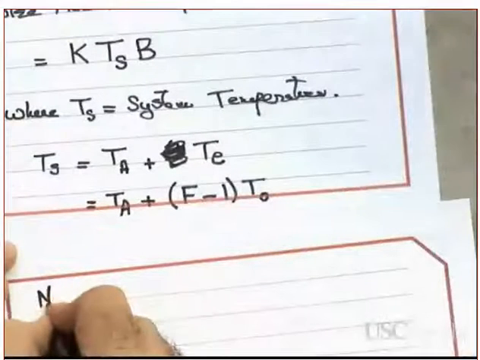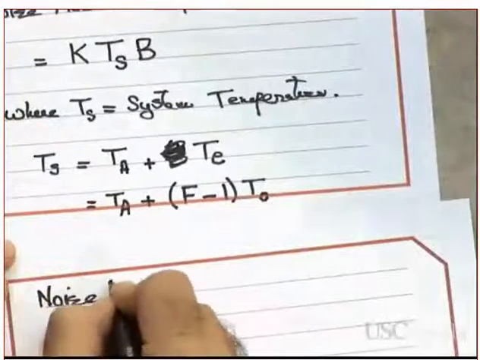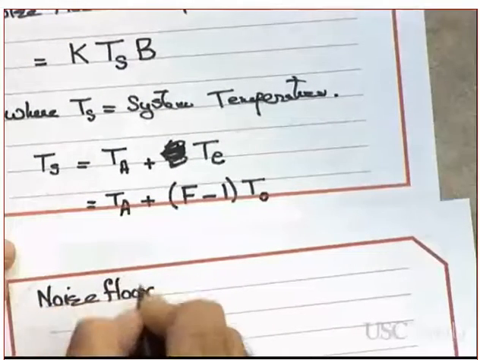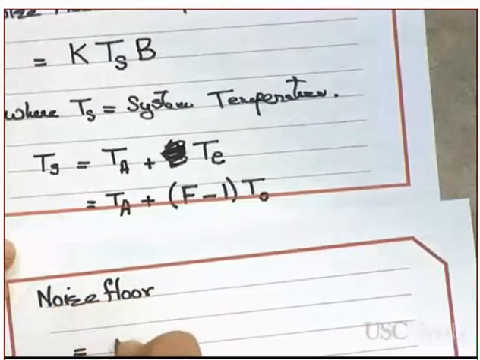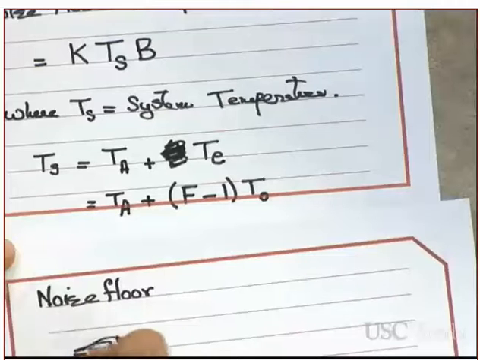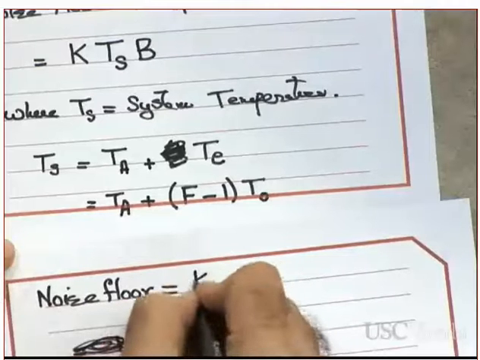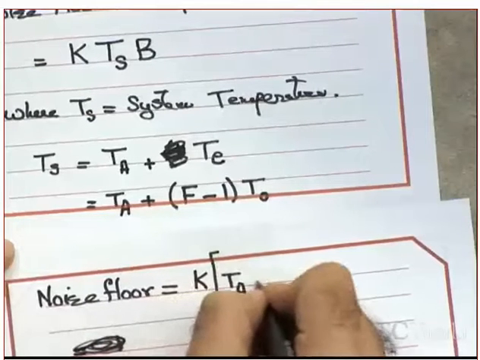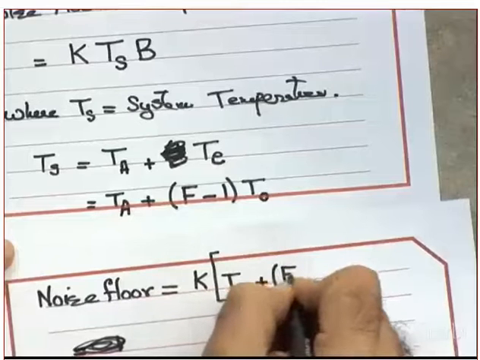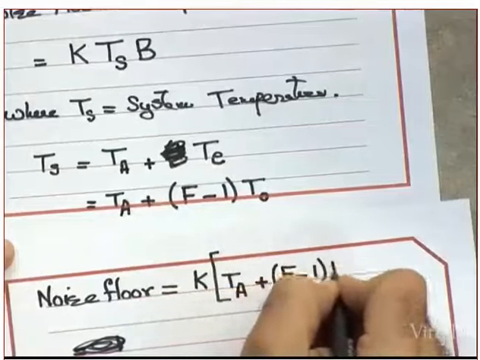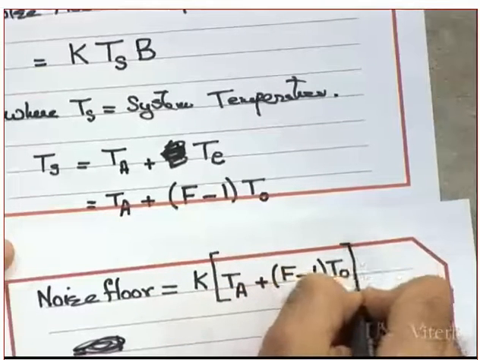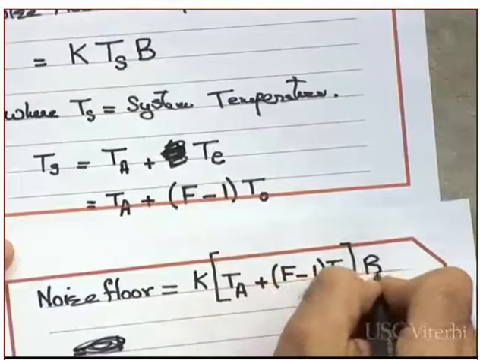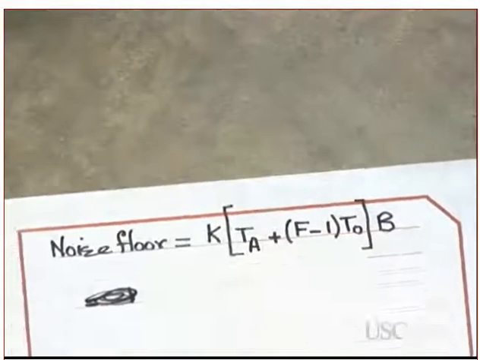So the noise floor is the following. It is equal to K times TA plus F minus 1 T0 times B. Did you get it or not? Okay.